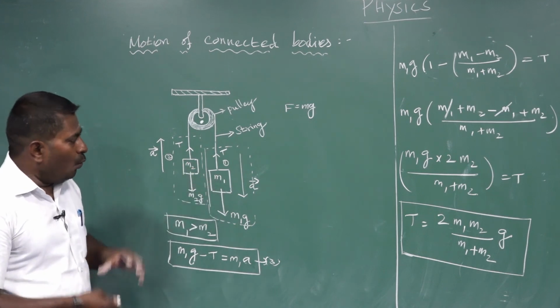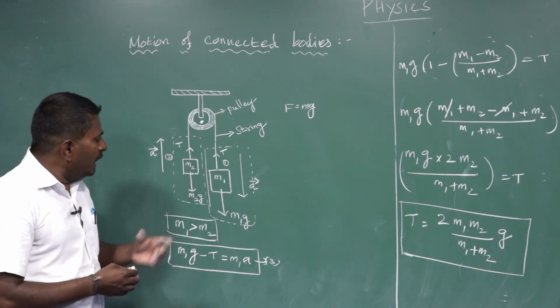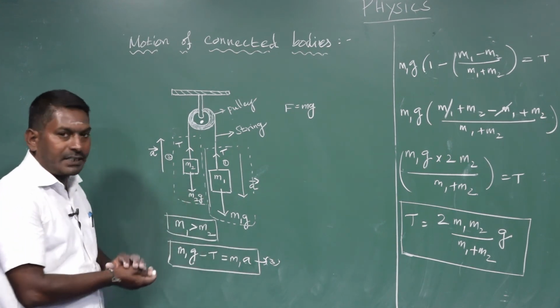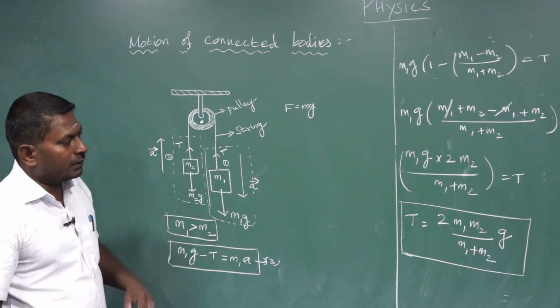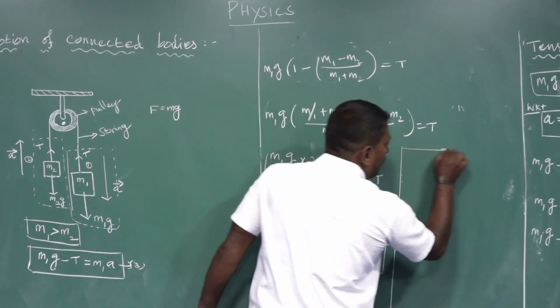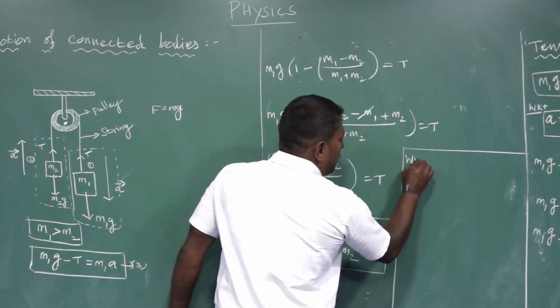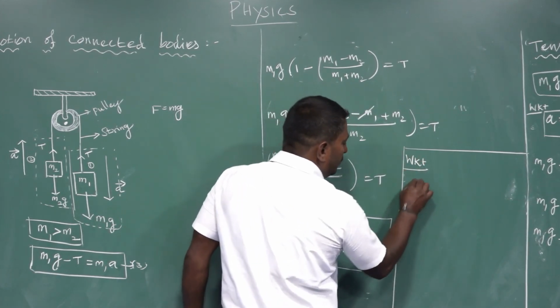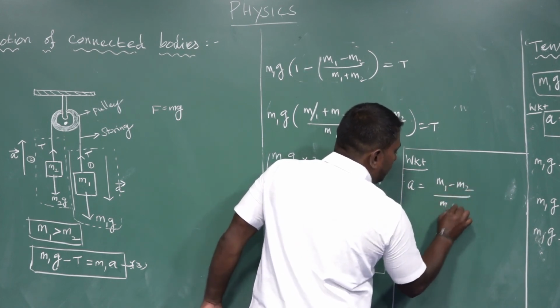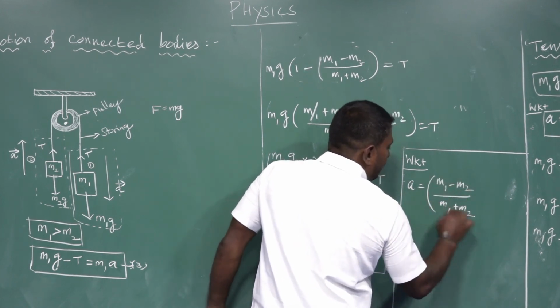And also, what happens if the two masses are equal? What happens in the whole system? That is another case. We know that the acceleration of the system a is equal to (m1 minus m2) divided by (m1 plus m2) into g.